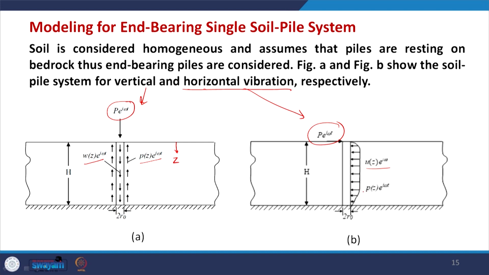And the soil reaction, which will try to resist the applied load, is given by p(z) e^(i omega t) as shown here. H is the thickness of the soil layer or soil stratum, while 2r0 in both figures shows that r0 is the radius of the pile.